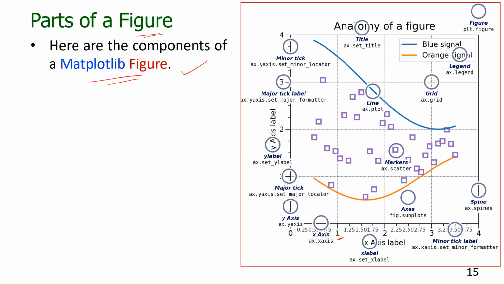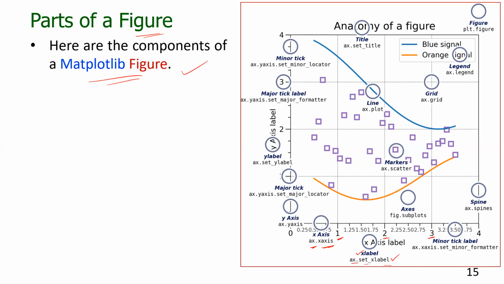Actually, the x-axis. The x-axis is defined as ax.xaxis. Then coming to 2, that is the x-axis label, defined as ax.set_xlabel. This is the statement we have to use whenever we want to set the label.